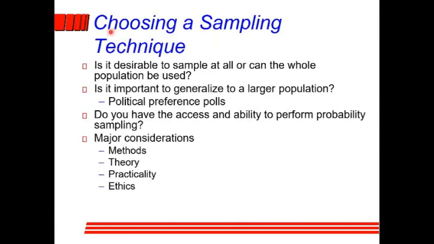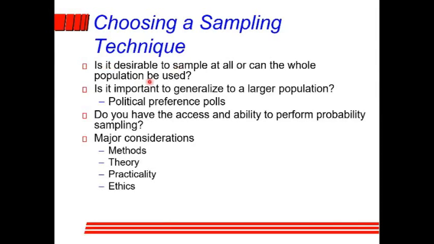So, for here, we have yung choosing the sampling technique daw. First is, is it desirable to sample at all or can the whole population be used? So, dapat i-consider natin yung mismong desirable sample natin and yung mismong population. Ang population natin is yung kabuuan, and then yung kukunin lang natin doon, yun yung sample.